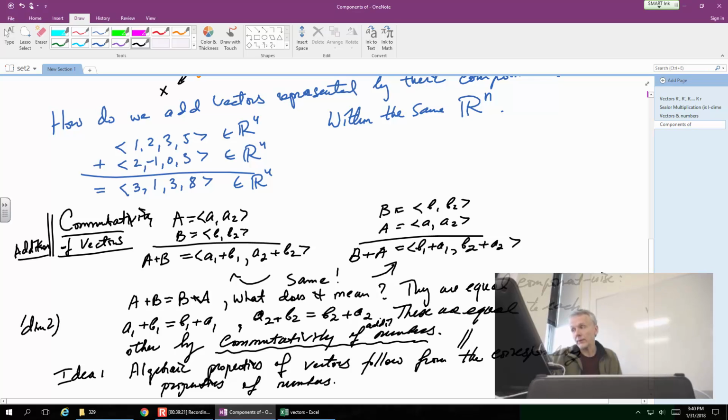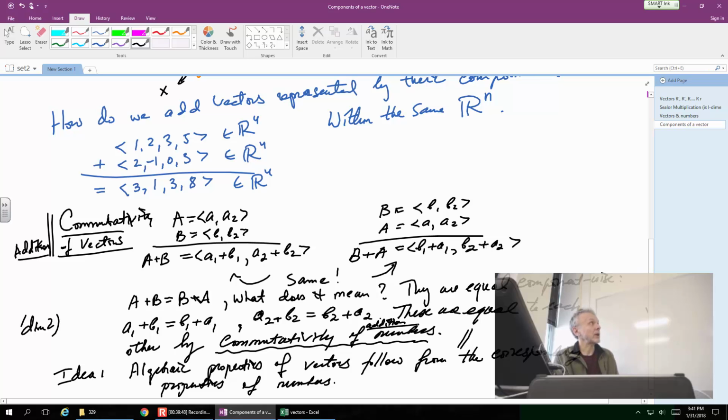So not to be confused with commutativity of multiplication of numbers, for a simple reason that we do not at this point multiply vectors. Whatever operation is available, we will find a similar or corresponding operation for numbers, and that will tell us how our vectors behave with respect to that operation.